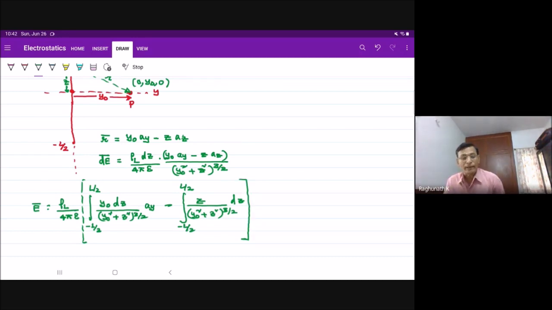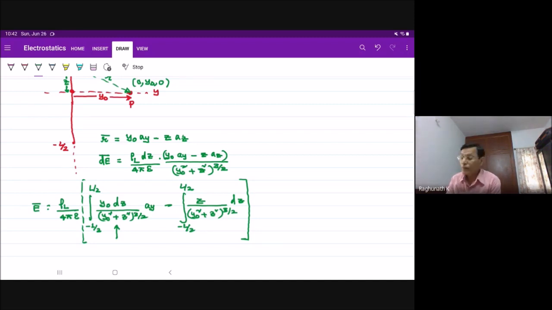One point is that the expression in the integral corresponding to the y component is an even function of z, evaluated over the symmetrical limits, because of which we have to evaluate it.